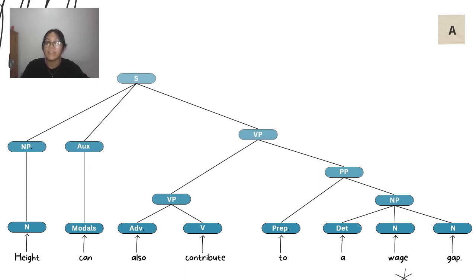The verb phrase consists of the adverb also and the verb contribute. In the verb phrase, there is also a prepositional phrase and a noun phrase. The prepositional phrase is from the preposition to, and the noun phrase is from the determiner a and two nouns, wage gap.